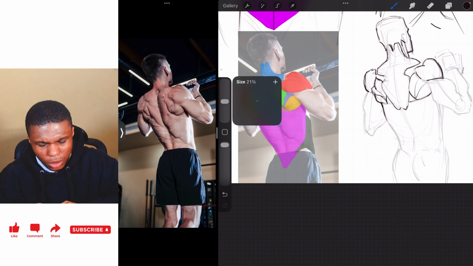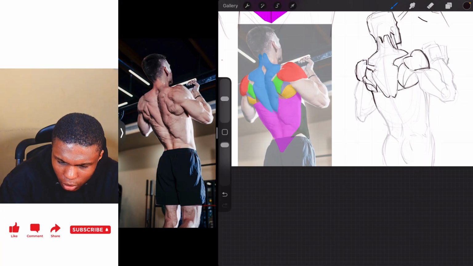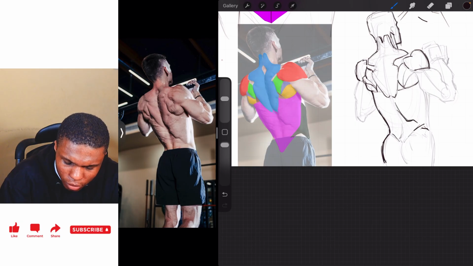Mosquito just bit my hand, I think. Anyways, our latissimus dorsi over here. This part over here will be our glutes. But we are not dealing with the legs now, so we can look at that later. Like this stuff over here, this striation, right?